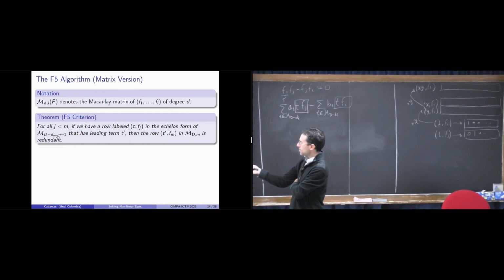Here, dm denotes the degree of the mth polynomial. t' is the leading term of that row. So we have a row labeled t·Fj that has a leading term t'. And then what we're saying is we don't have to do the row t' of Fm at degree D, capital D.